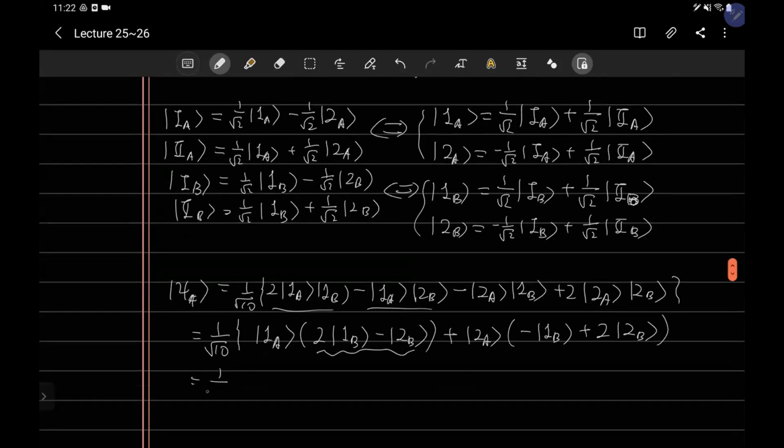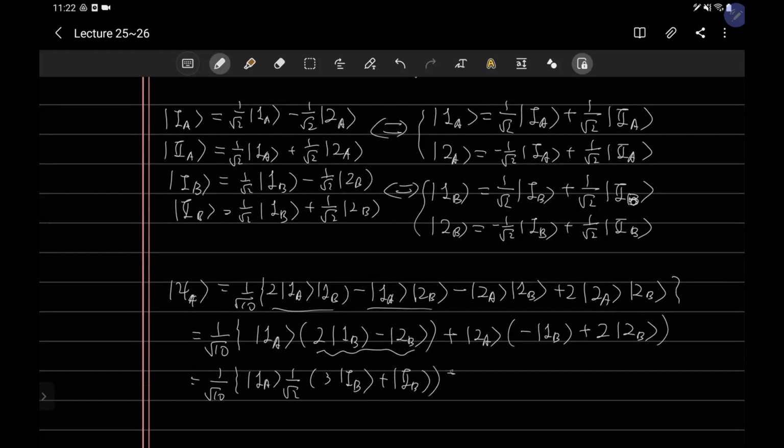And then if I multiply 2 here and then subtract from here, then that corresponds to 1a, but there is a 1 over square root of 2 in front of all of them, and then it corresponds to 2. I multiply 2 for each of them and then subtract them, so that corresponds to 2 plus 1, so it will be 3 1b, and then it will be 2 minus 1, so that corresponds to 2b.